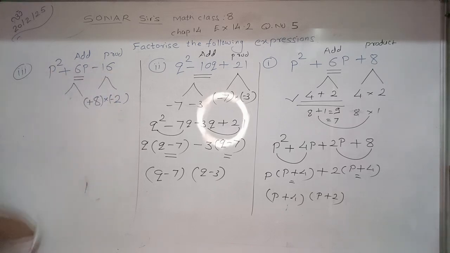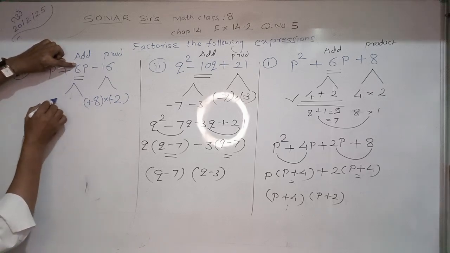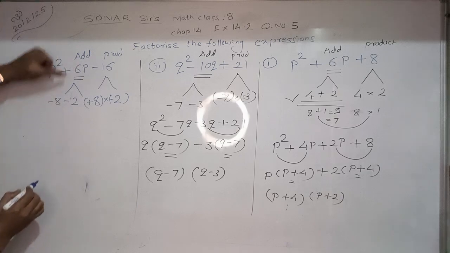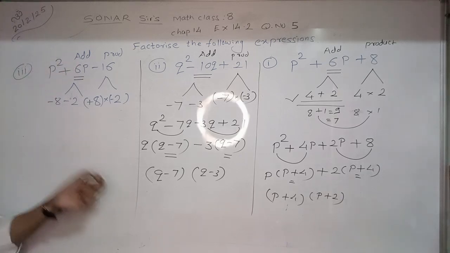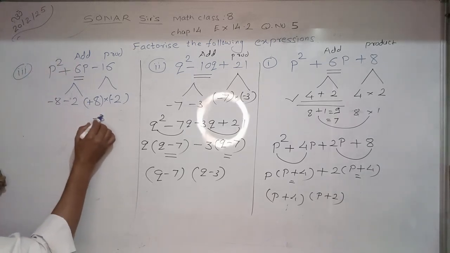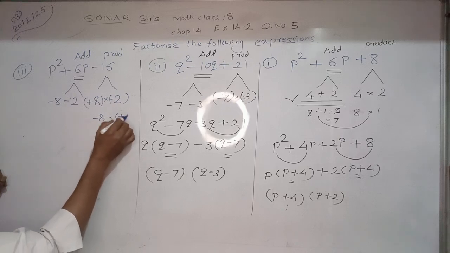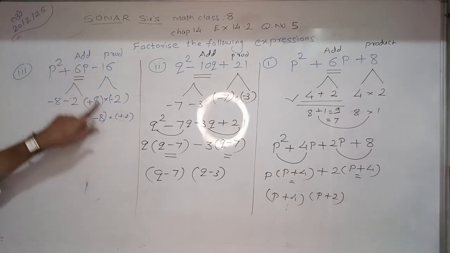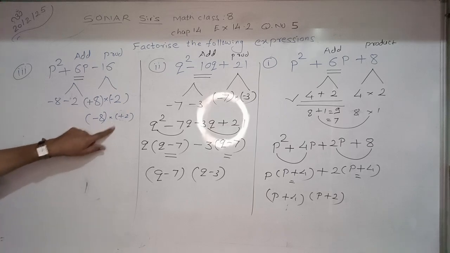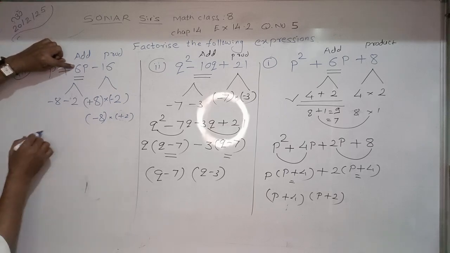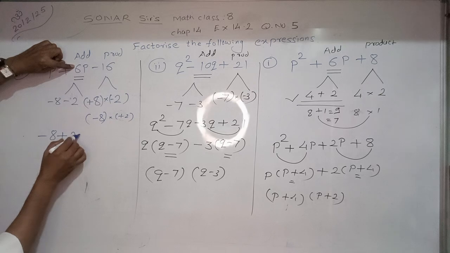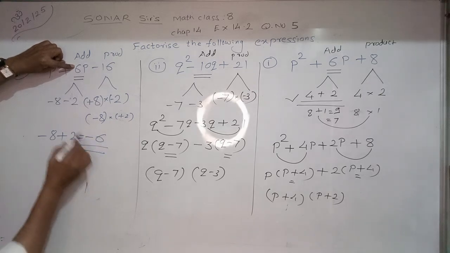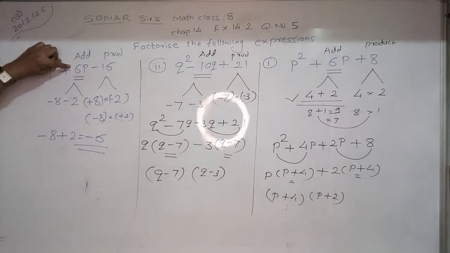8 twos are 16. Here we want the addition as plus 6. So plus 8 minus 2 becomes plus 6. If I interchange the signs, minus 8 into plus 2, then it will satisfy the product condition, minus 16. But it will not satisfy the addition condition because minus 8 plus 2 becomes minus 6 and we are looking for plus 6.